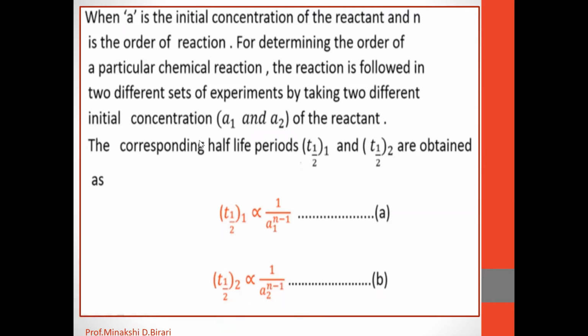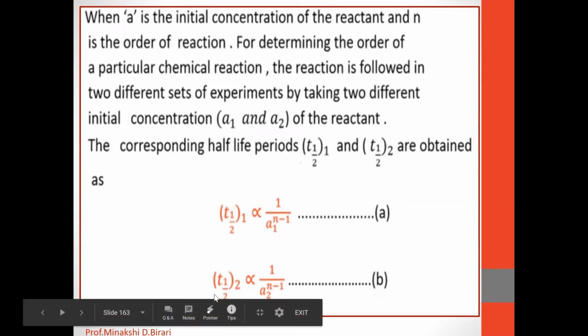So for that, the corresponding half-life periods T half 1 and T half 2 are obtained as: T half of 1 is inversely proportional to A1 raised to n minus 1, and T half of 2 is inversely proportional to A2 raised to n minus 1. So this is equation A and this will be equation B.